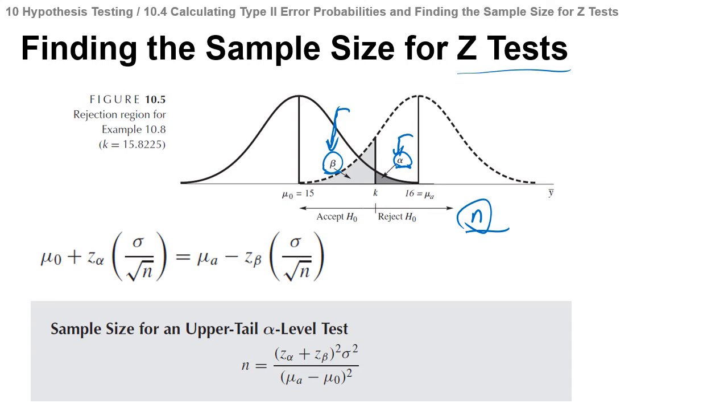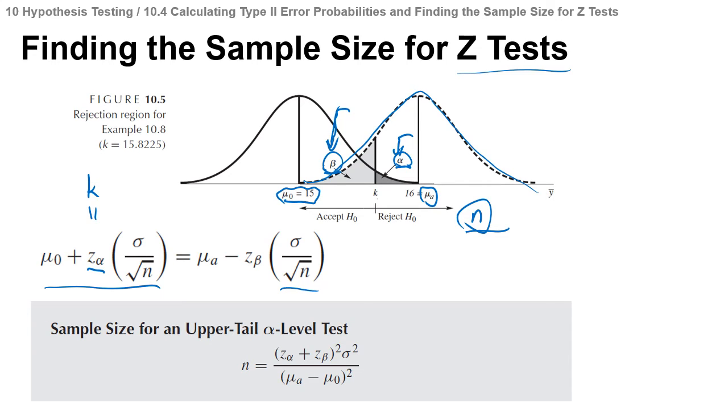Just like before, mu zero plus z alpha times standard error, this is k, is equal to, from the alternative distribution side, mu alternative minus z beta times standard error.